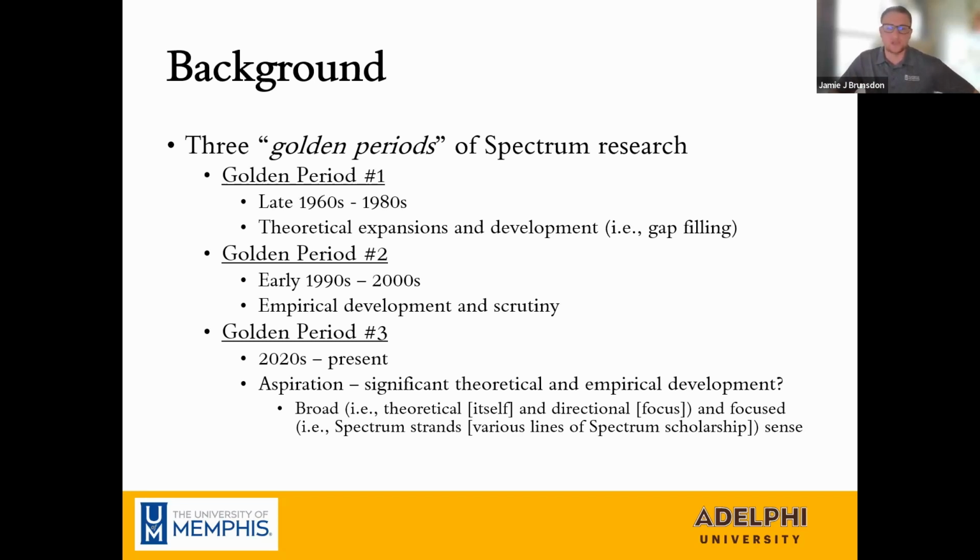Pioneered by the work of Susie and Phil, but also the leaders of the Spectrum Institute. And so we're expecting there to be broad theoretical development about the spectrum itself and the directional focus that the spectrum is going to have. But also, I think we're going to expect there being multiple spectrum strands. So various interpretations or lines of spectrum scholarship developing. And that's all as a result of the leadership from Susie and Phil, but also the Spectrum Institute.